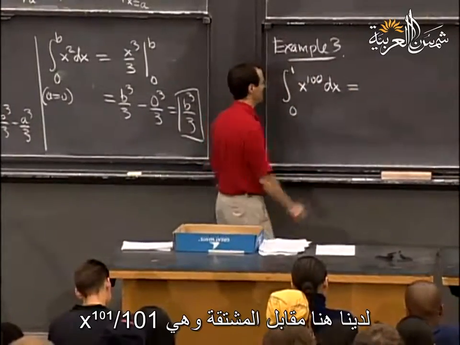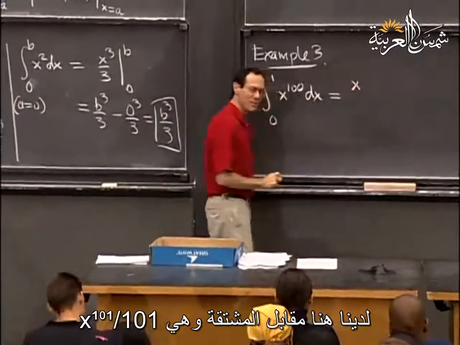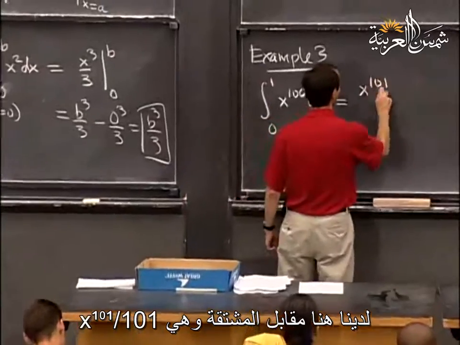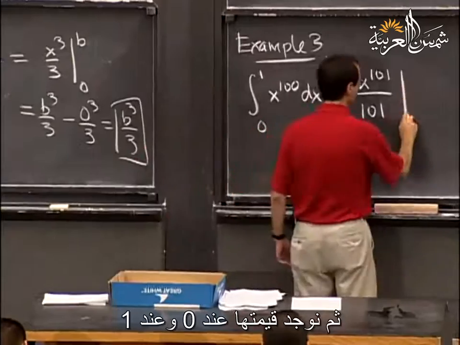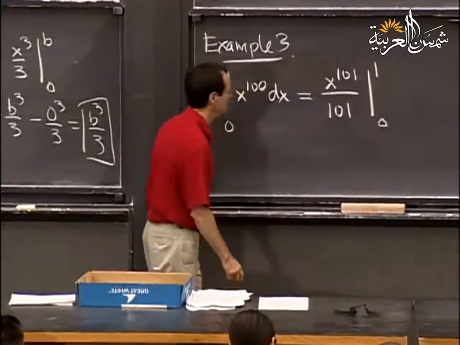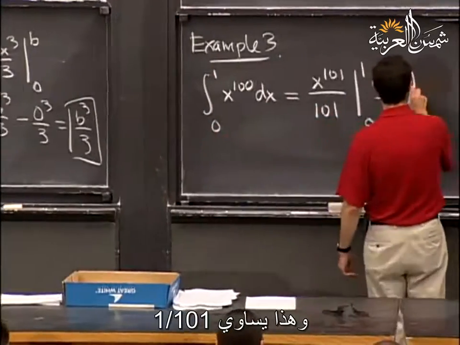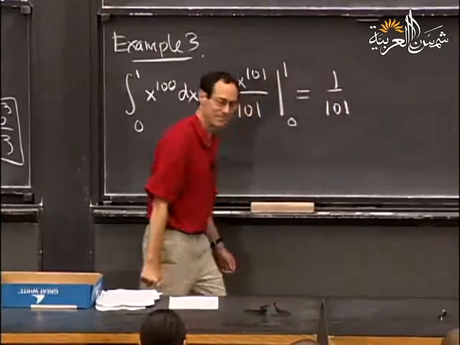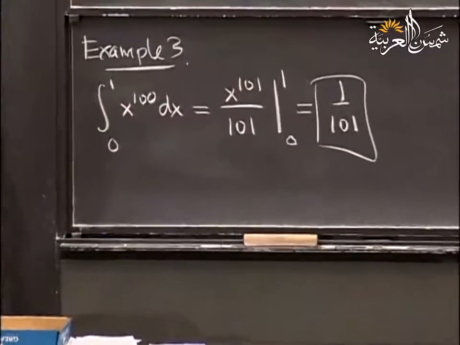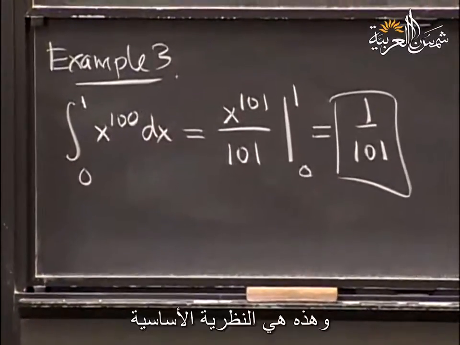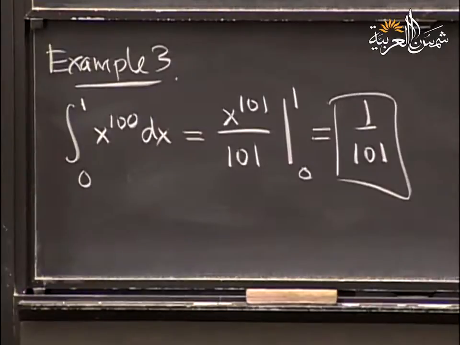So here we have the antiderivative is x to the 101 divided by 101, evaluated at 0 and 1, and that is just 1 over 101. Okay? That's that. All right. So that's the fundamental theorem.